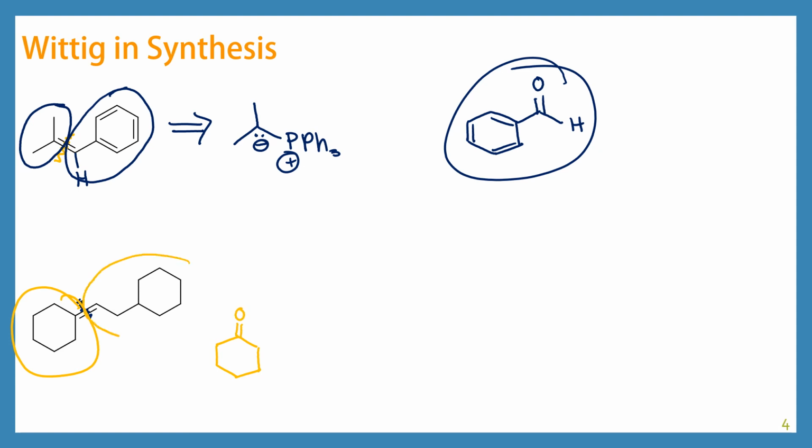And then if we want to make the ylide from this part, we're going to need our cyclohexane ring, and then 1, 2 more carbons. It would have to be an alkyl halide that we would first react with triphenylphosphine, and then with an alkyl lithiate of your choice.